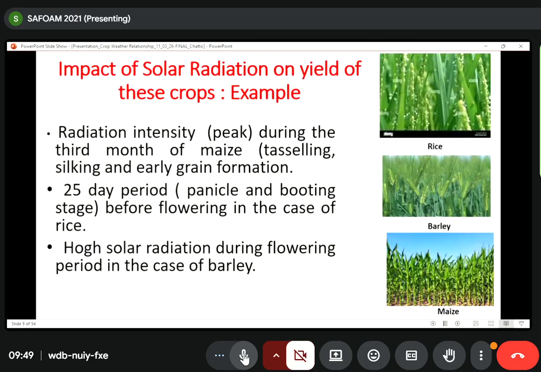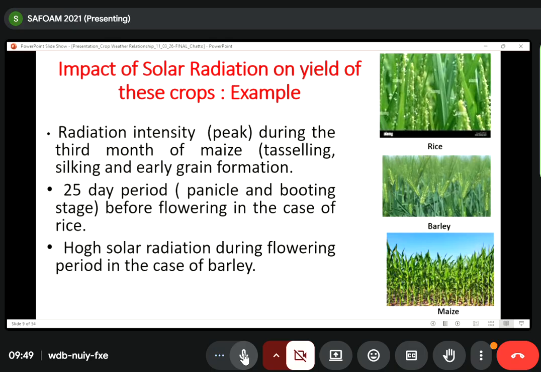Then you see the peak radiation intensity during the third month, May. That is what overlaps with the tasseling, silking and early grain formation of maize. At that time the peak radiation intensity is very important and helpful.